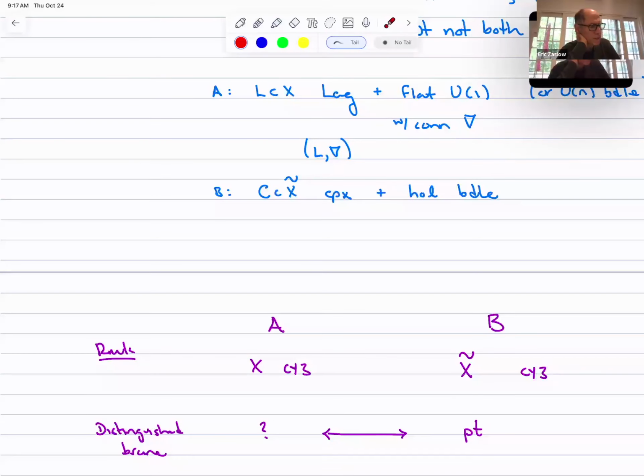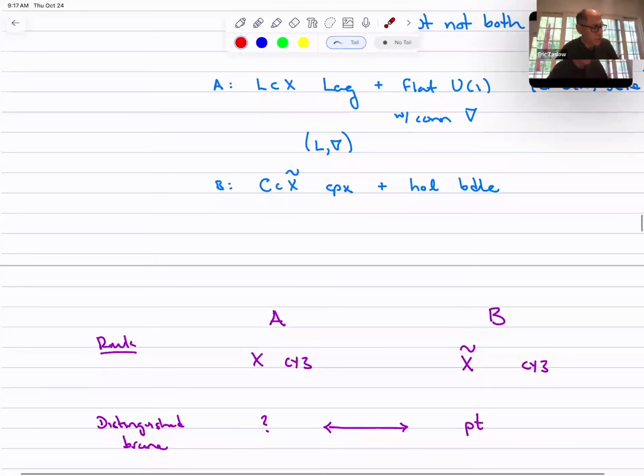And now the mirror philosophy says, well, there must be some dual brane on the other side. Like we said, objects have to map to objects under an equivalence that respects all the structure. And the structure, as we had seen, is a category, and the category consists of objects, the boundary conditions. So those boundary conditions have these geometrical descriptions. So there must be some geometrical boundary condition corresponding to the point.